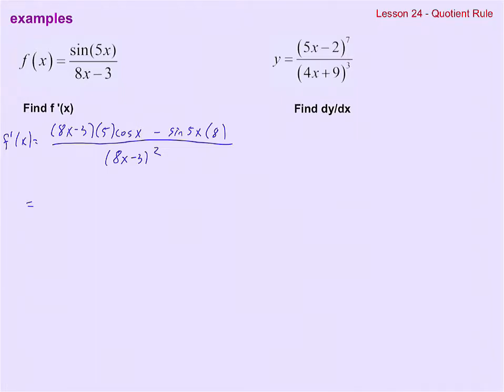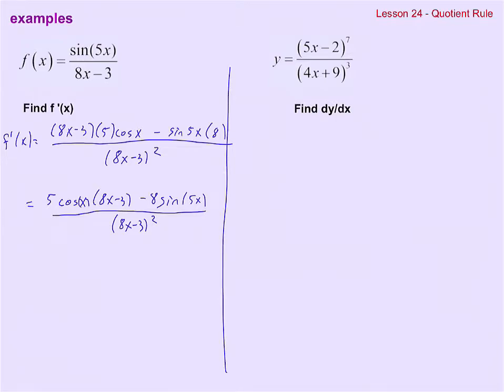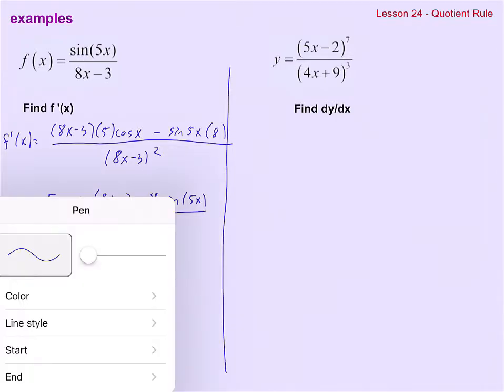There's not a ton to do here, but I will at least put the 5 first. 5 cosine x times 8x minus 3 minus 8 sine of 5x, all over 8x minus 3 squared. There's no reason to FOIL that out. Just leave it the way it is. And that's good enough.